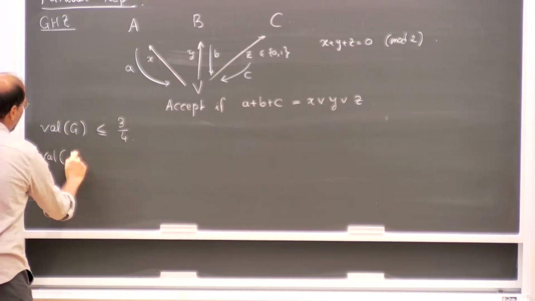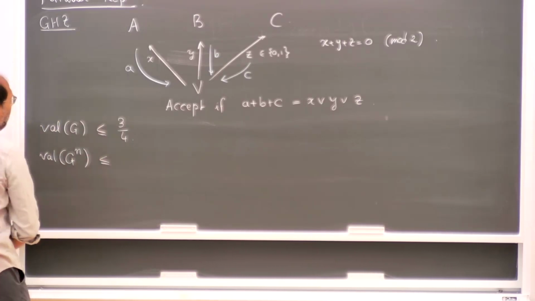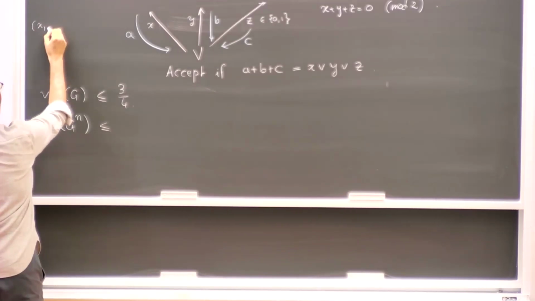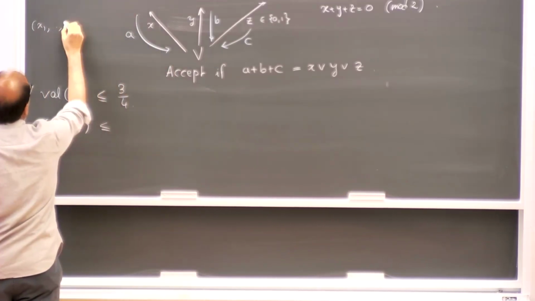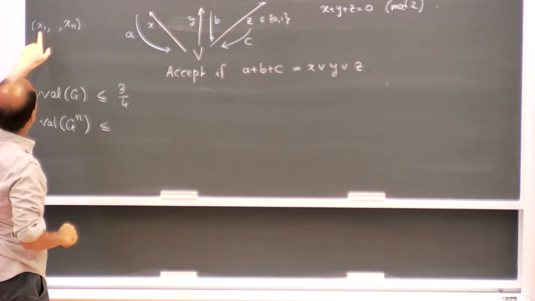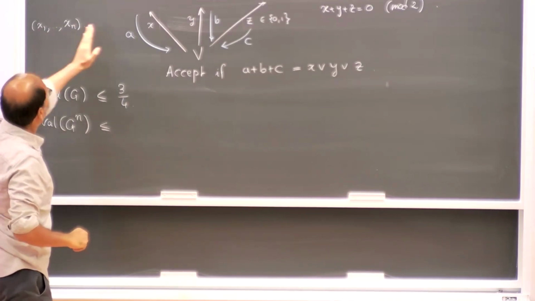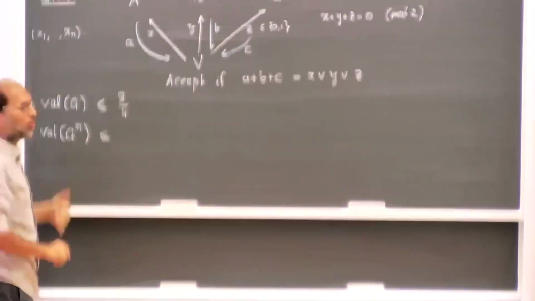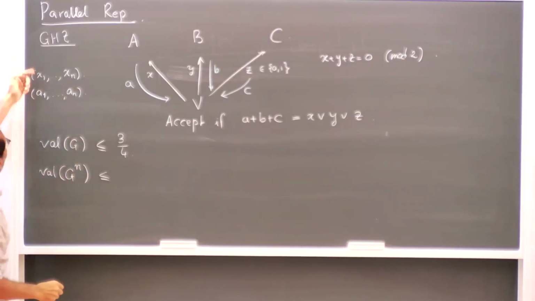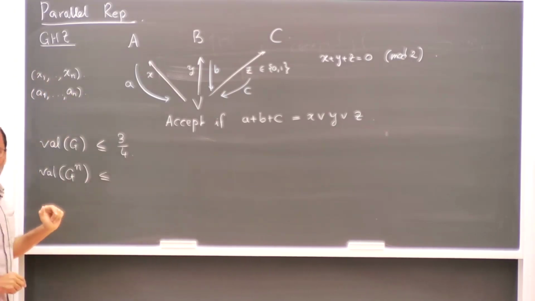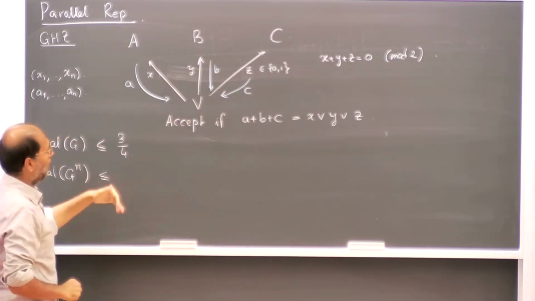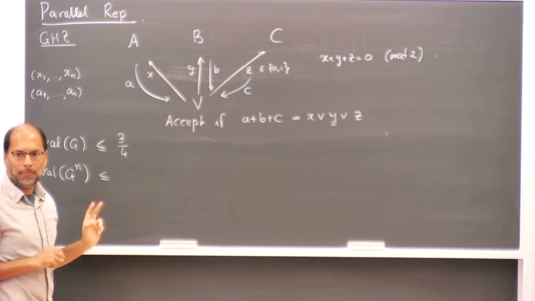And the parallel repetition question is, what if this game is repeated in parallel, meaning now, for some parameter n, the first prover gets an n-tuple of questions, chosen independently. And the answers are also now A1 up to An, presumably giving an answer for each coordinate. And similarly for all 3 players, and the verifier accepts if he would have accepted on each coordinate.